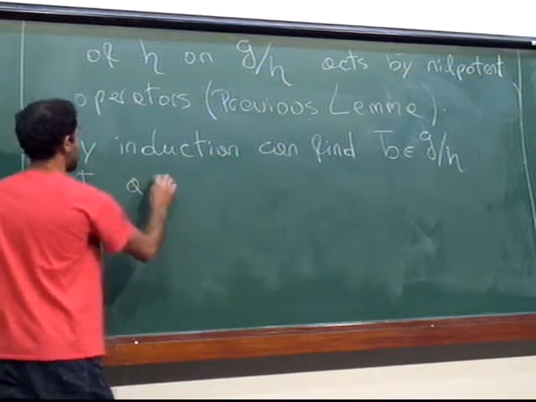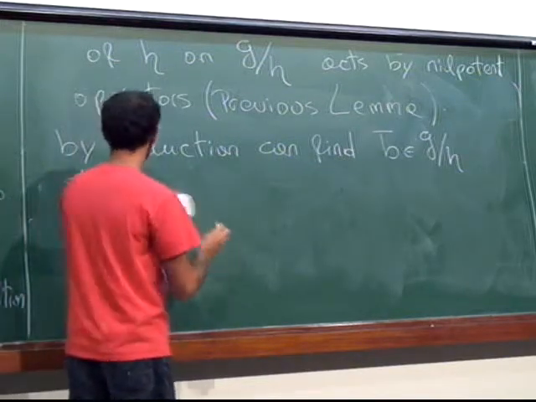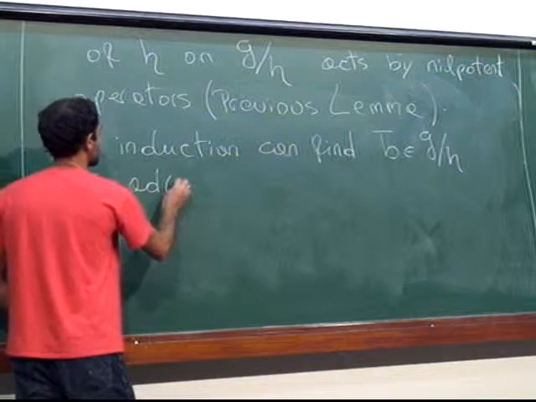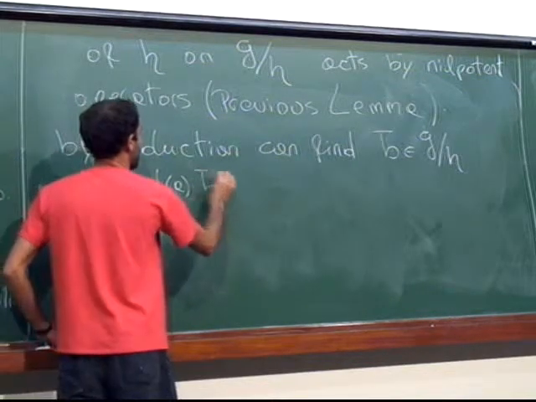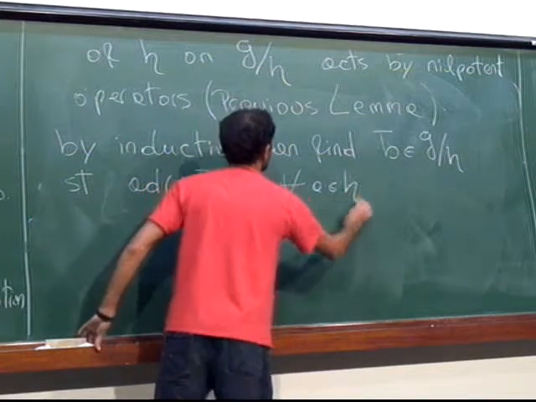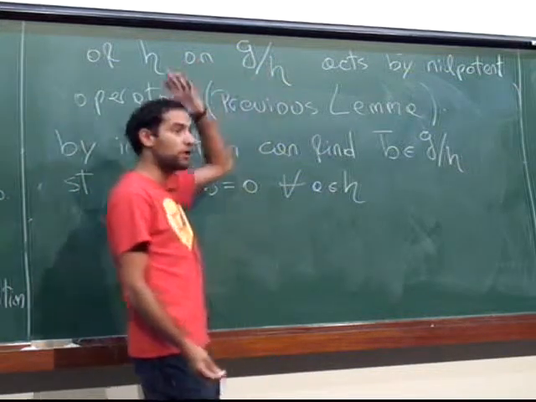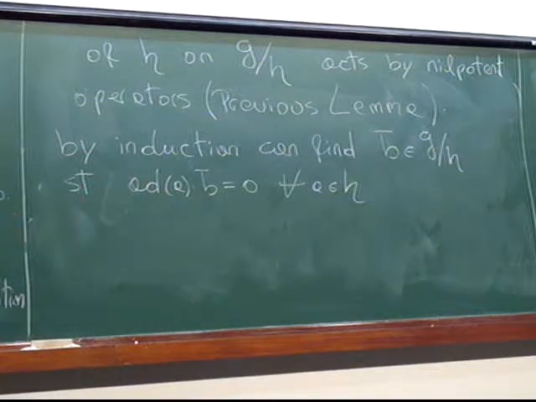Such that the adjoint action of A on b bar is equal to 0 for every A in H. This is the induction hypothesis. I have a smaller dimensional algebra acting on a vector space by nilpotent operators. I can find one vector that gets killed by the whole algebra.